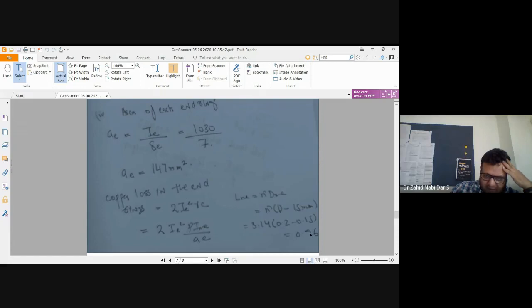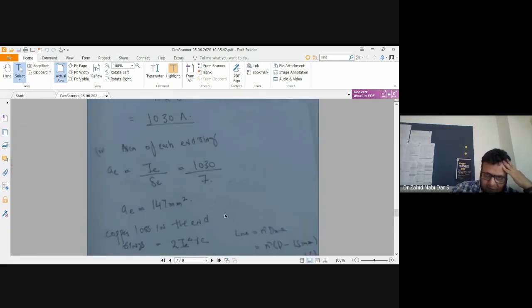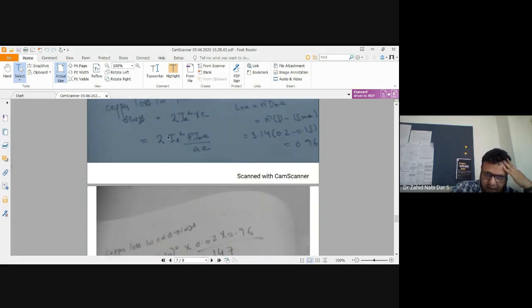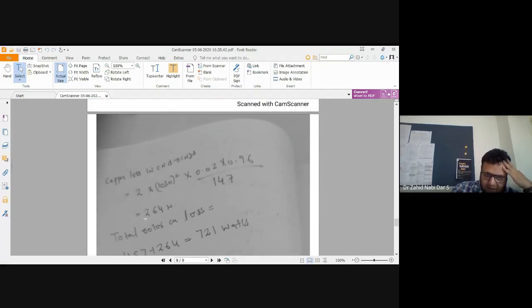Instead of length I'll write this 0.96. A_E I have calculated as 147. I_E also I have calculated. So I can write 2 into 1030 squared into 0.02, and I get this loss as 264 watts.